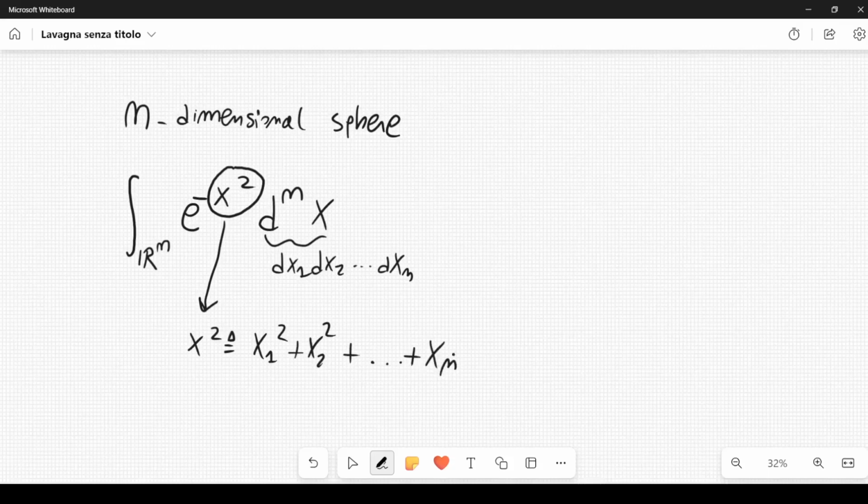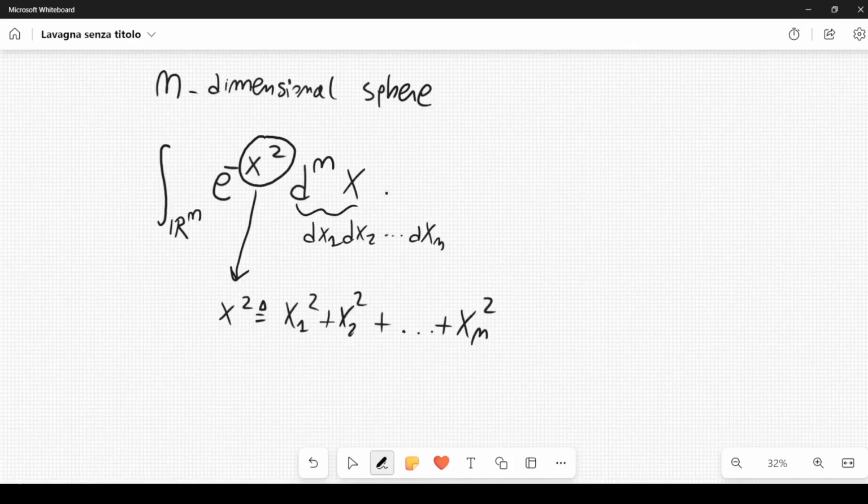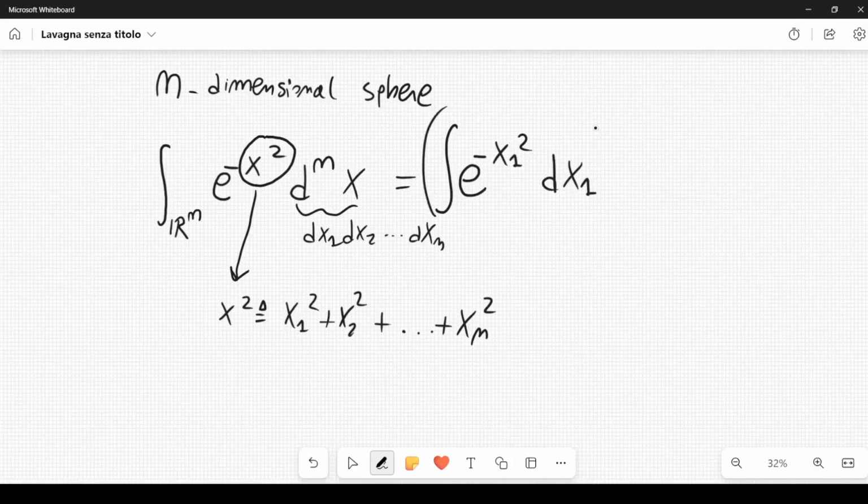Now, due to the properties of the exponential, we can also rewrite this integral as a product of integrals of the following form: e to the minus x1 squared dx1, and then we take the power n of such an integral.